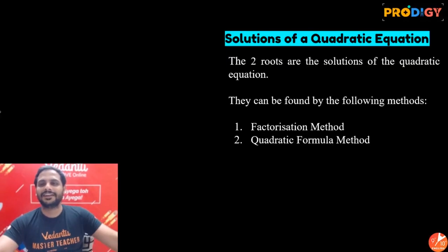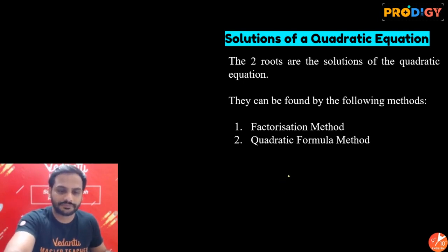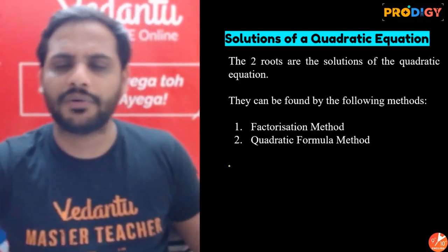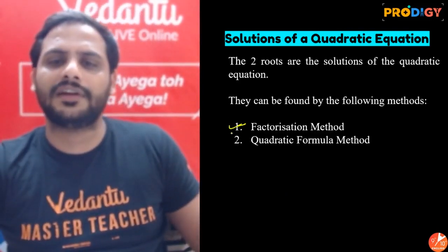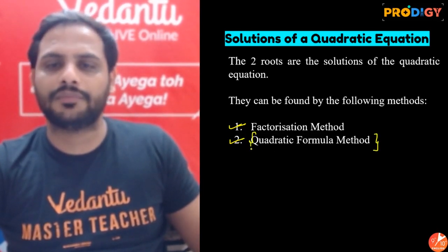Okay, next thing is solutions of a quadratic equation. What is the solution of a quadratic equation? Although we know about it, there are two methods: one is the factorization method and one is the quadratic formula method. This we will do tomorrow.